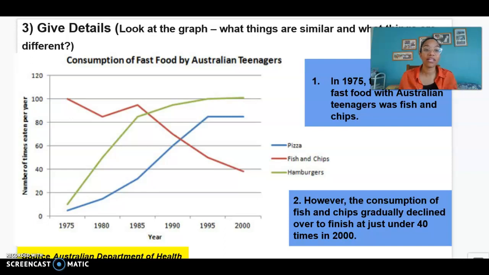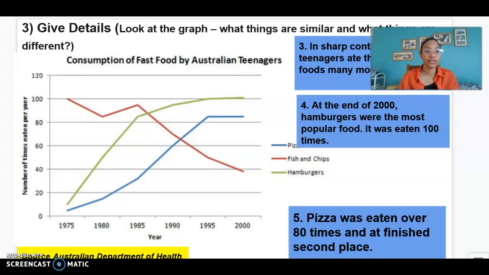Notice how here we've talked about the specific number. We talked about one specific date in our first sentence, and in our second sentence, we talked about how many times a year they were eating fish and chips, right? If you wanted to go the extra mile, you could also say that the amount of fish and chips people were eating in 2000 was 40% that of the amount of fish and chips they were eating in the year 1975. We know that because we've just studied percents.